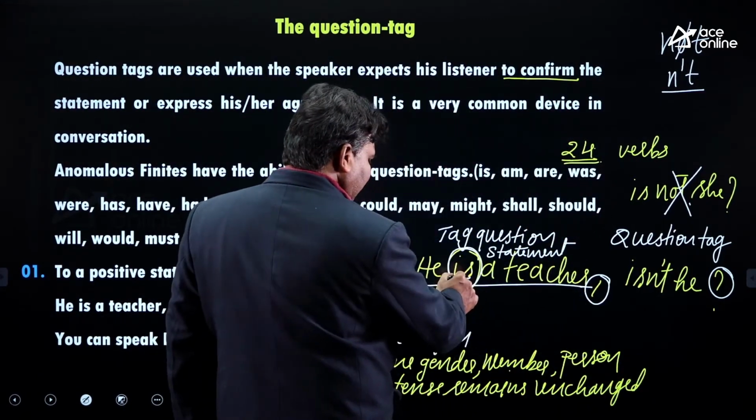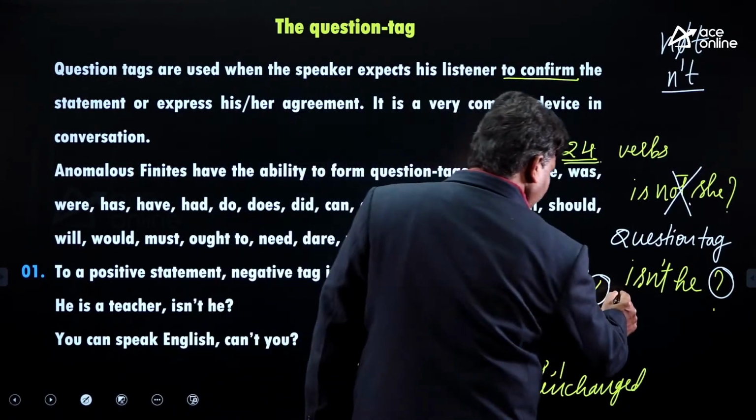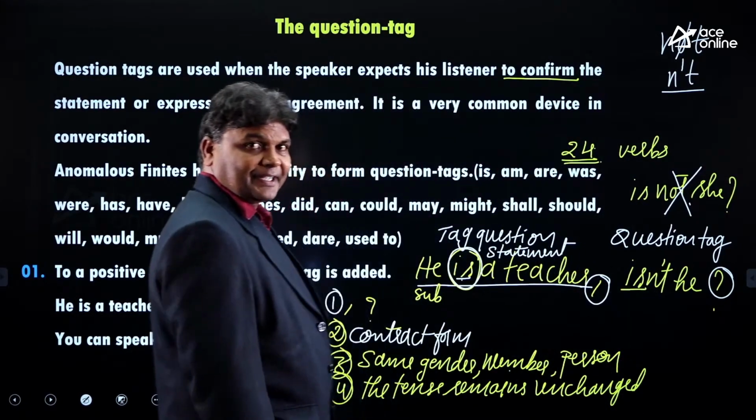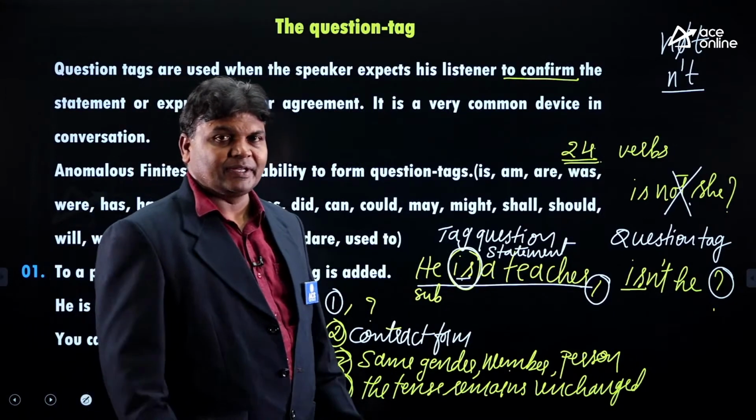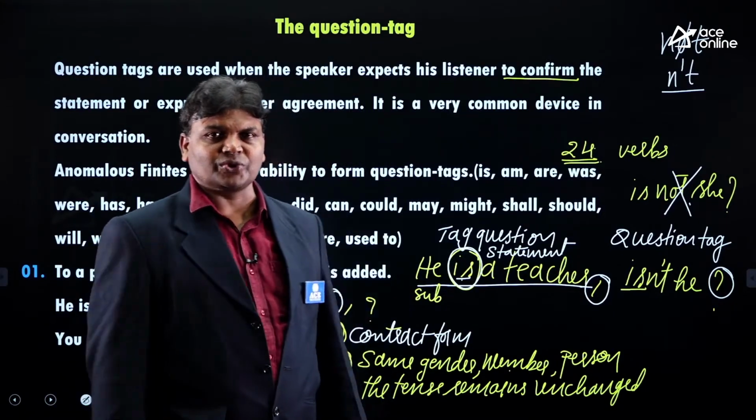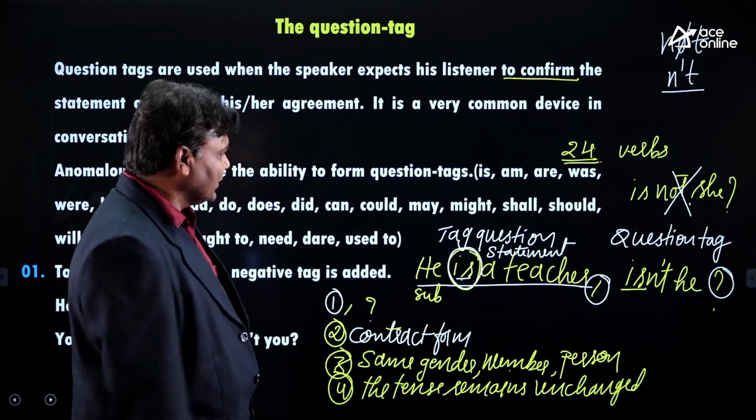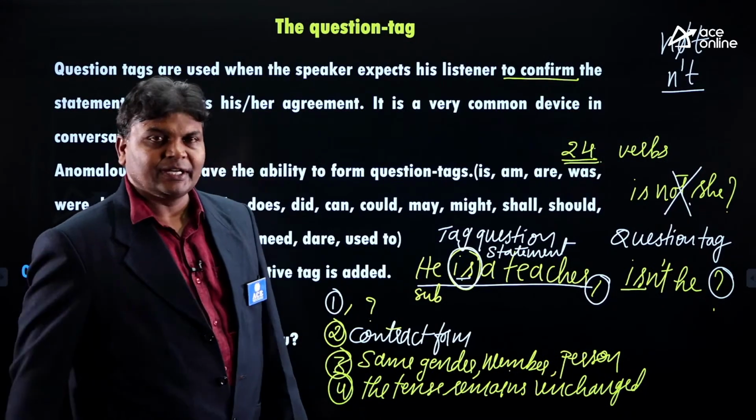If you find present tense here, definitely you will find present tense there. These are the points that you should keep in mind when you sort out question tags, students.